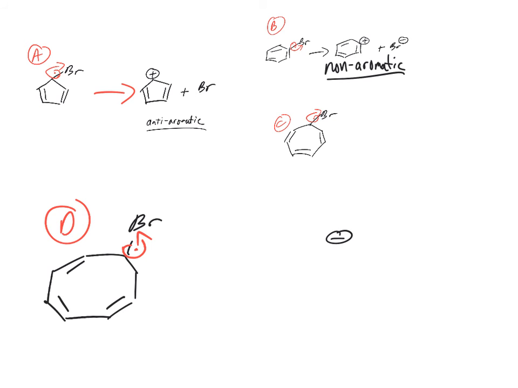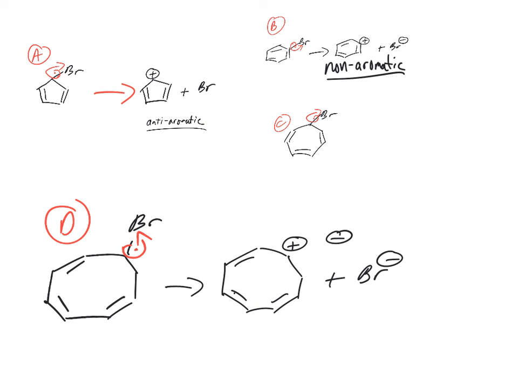Right, D. What if we have that carbon-bromine bond break? What are we going to make in that case? A large ring, of course, and a carbocation. It's going to be able to do resonance, but it's not going to be aromatic, right? So there's our carbocation. It can do resonance, and of course our Br minus.